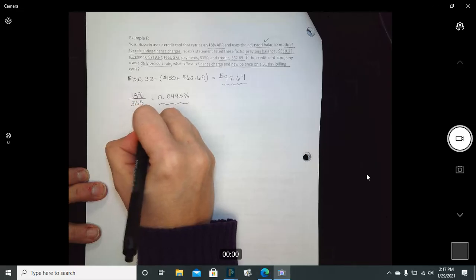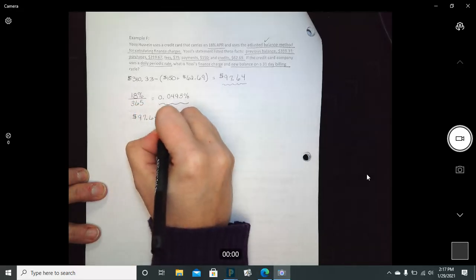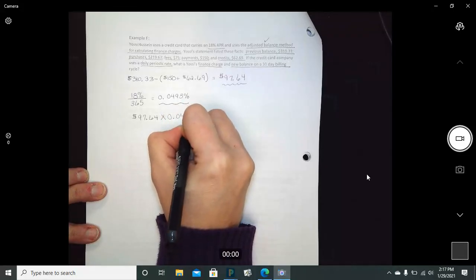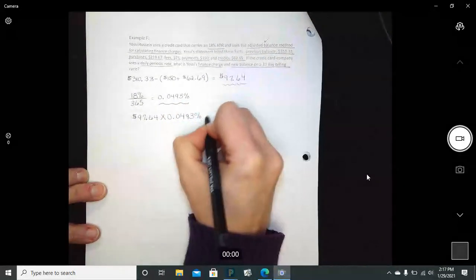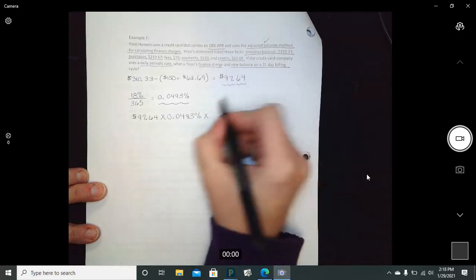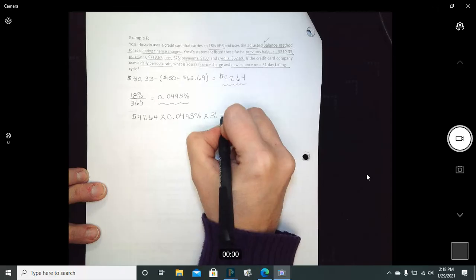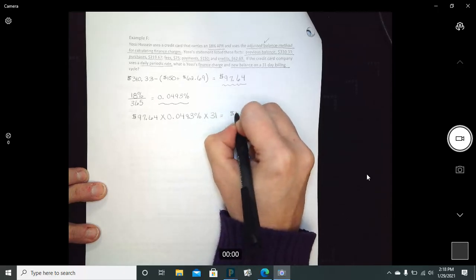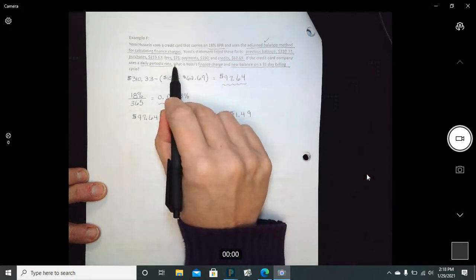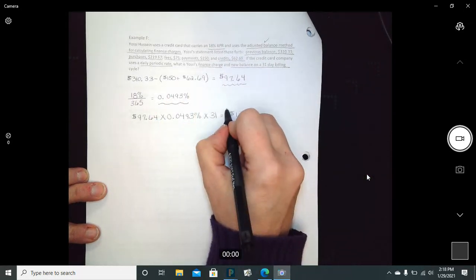Using my adjusted balance multiplied by my rate multiplied by my time, which is going to be the 31 days. So my finance charge is going to be $1.49. They want to know what the finance charge is, so there's my first answer.